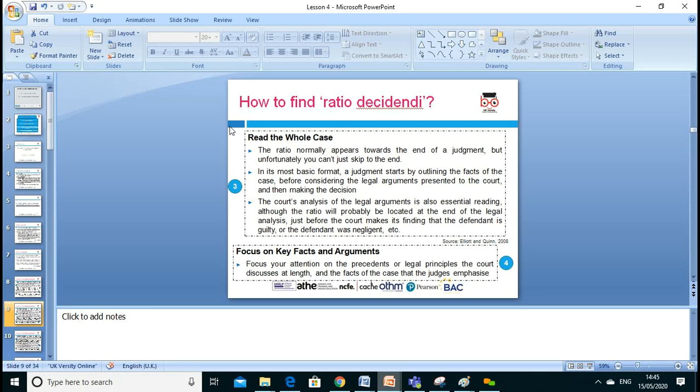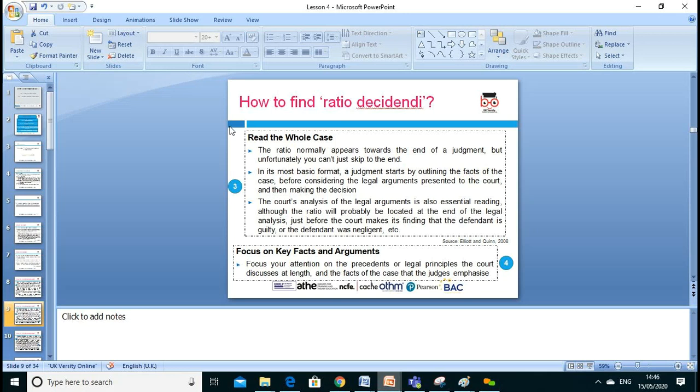In the most basic format, a judgment starts by outlining the facts of the case before considering the legal arguments presented to the court and then making the decision. The court's analysis of the legal arguments is also essential reading, although the ratio will probably be located at the end of the legal analysis, just before the court makes its finding, whether the defendant is guilty or the defendant was negligent.